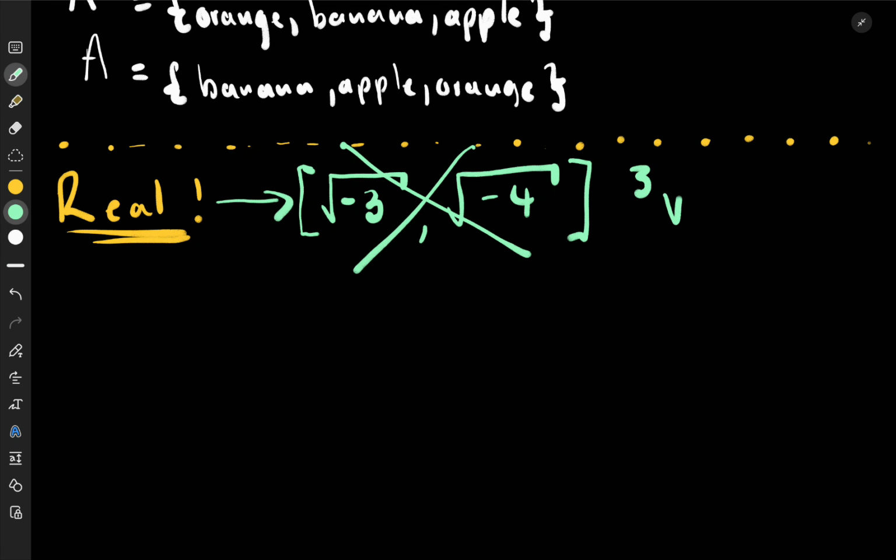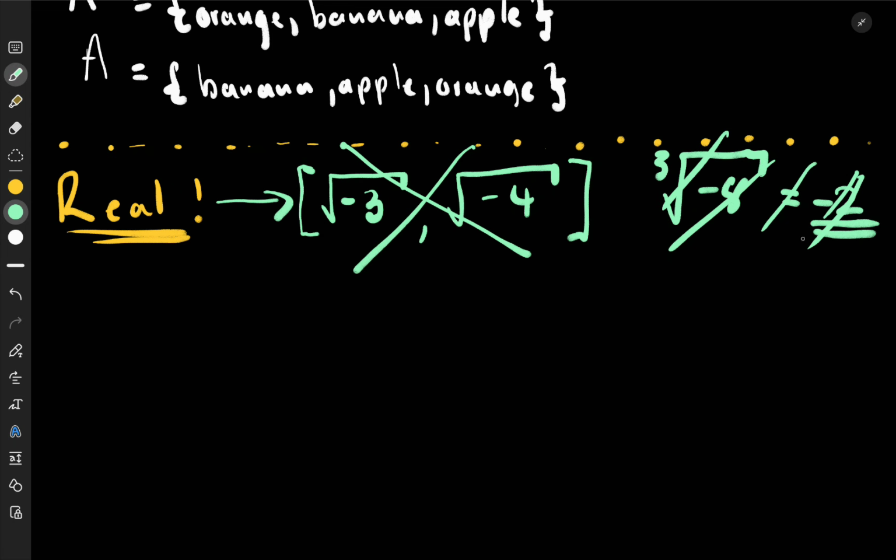What you must know is that if I take the cube root of -8, I will get -2. So please, cube root does not create for us imaginary numbers. No, it is only the even roots, like root 2, root 4 of negative numbers. That is when we get imaginary numbers.